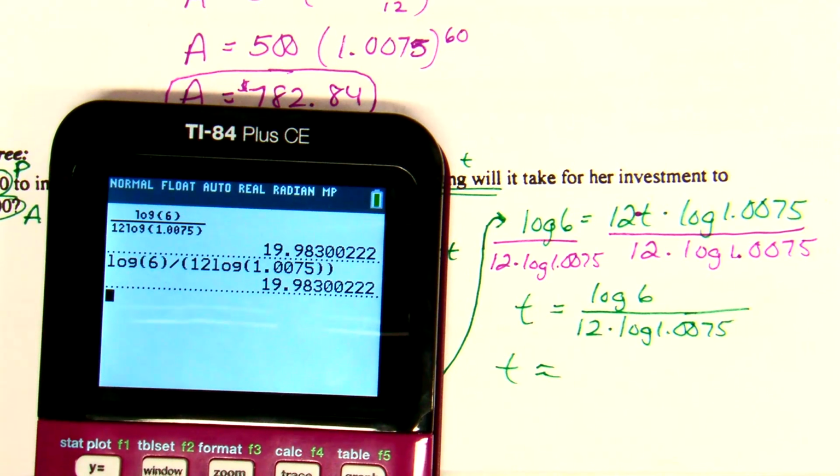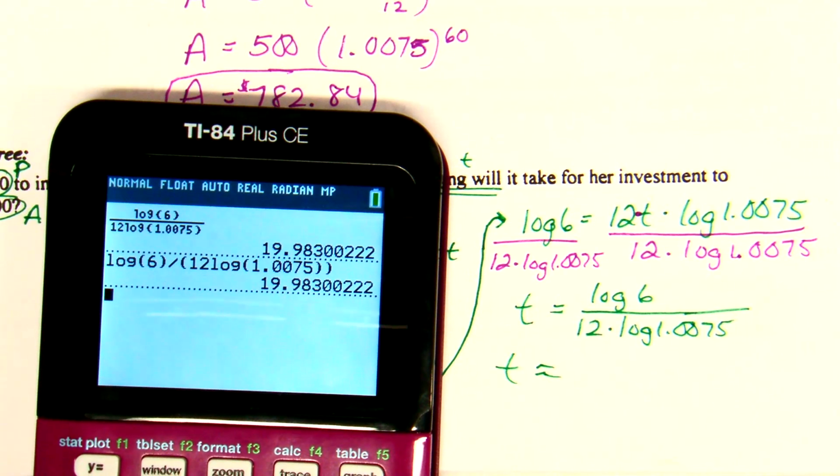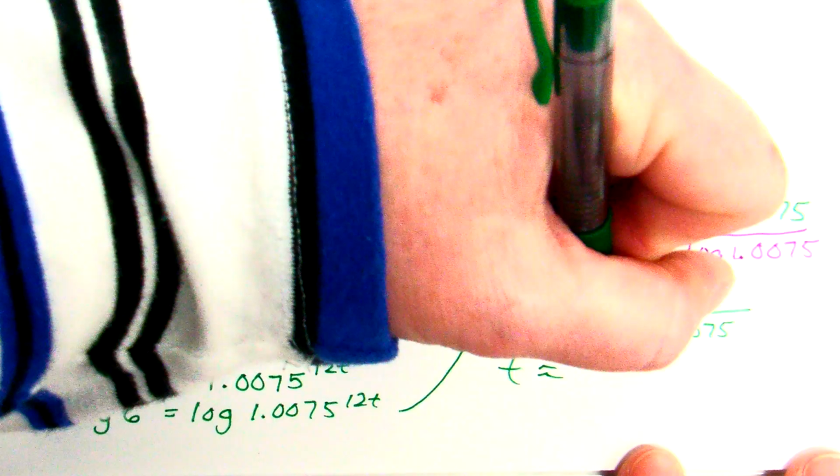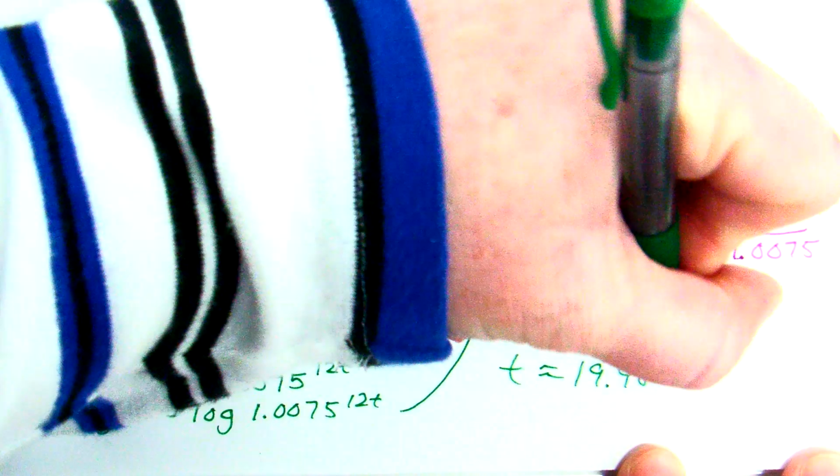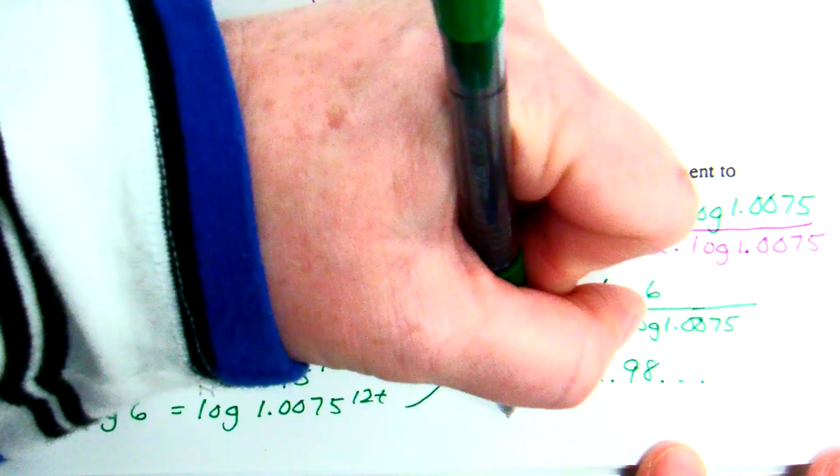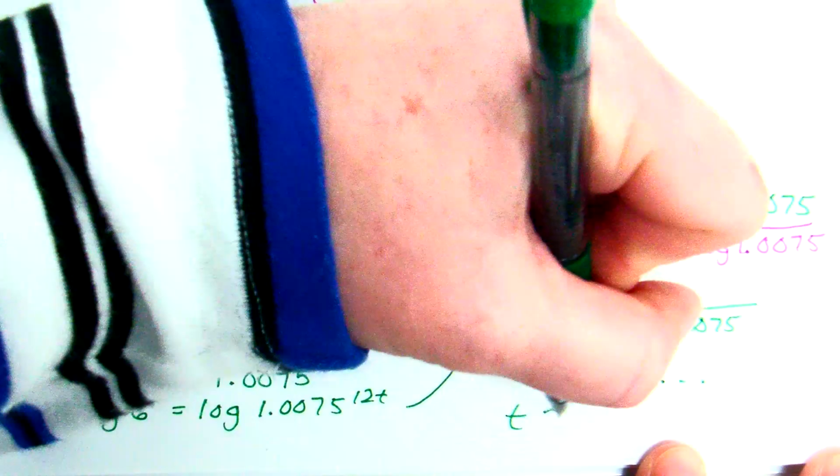Okay, because this is how long will it take, and t is in time of years here. So 19.98. Yeah, it comes up 19.98, but when we're talking years, that is essentially 20 years.